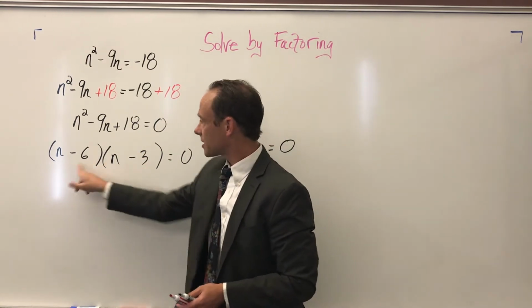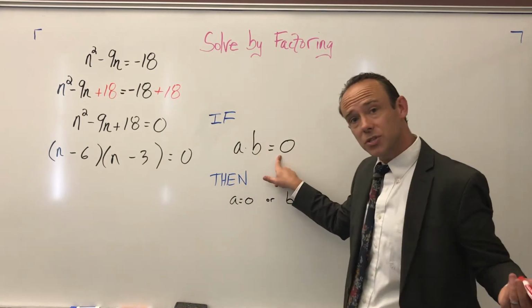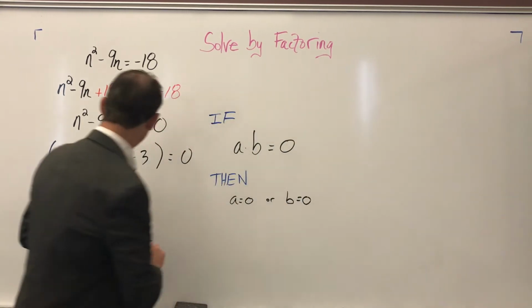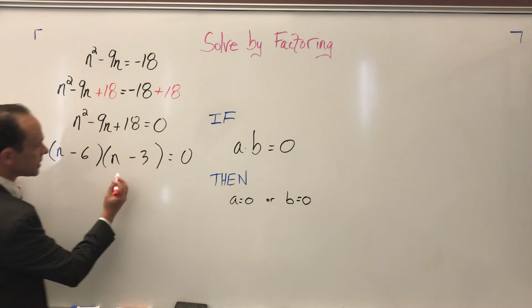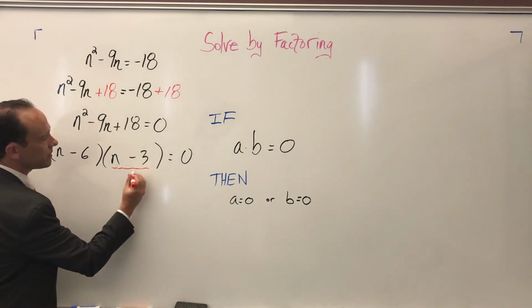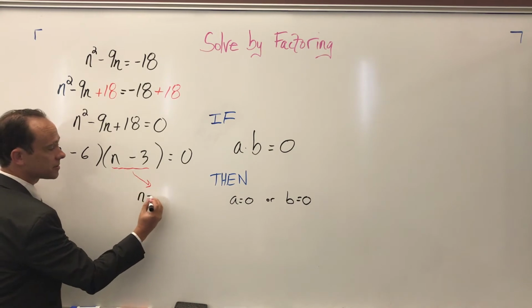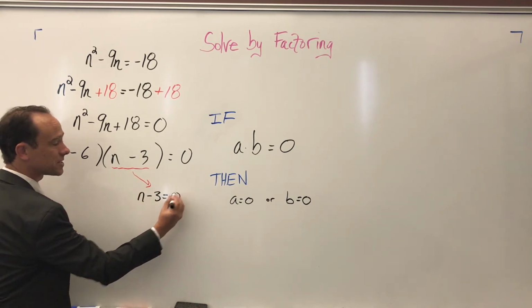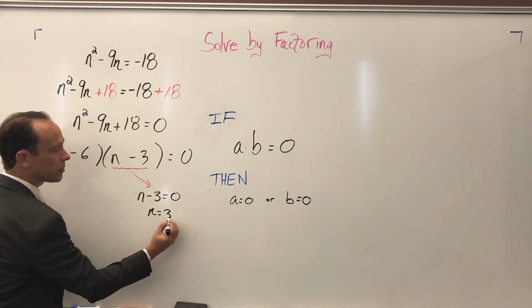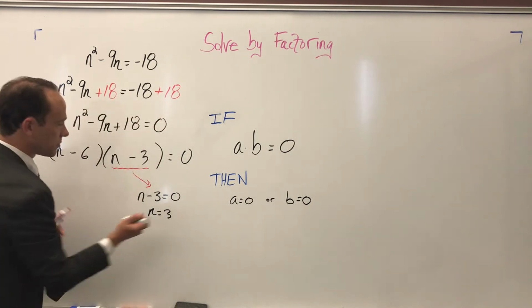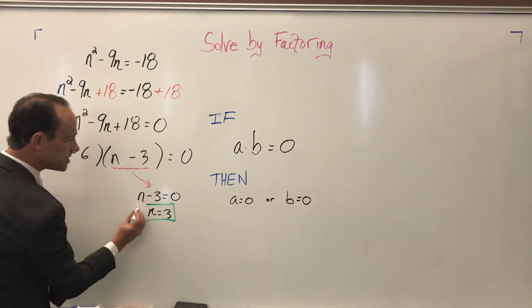We've got a product of two values, and they equal 0. So all we got to do now is ask, what value of n makes this one equal to 0? So you go n minus 3 is equal to 0. Oh, 3. Beautiful. That's one of our solutions.